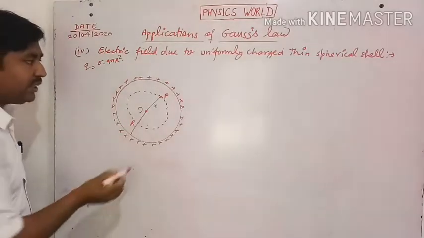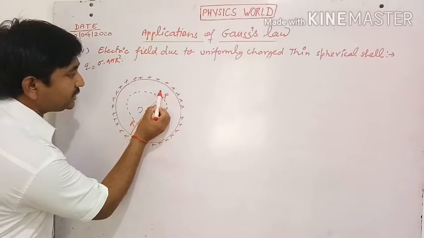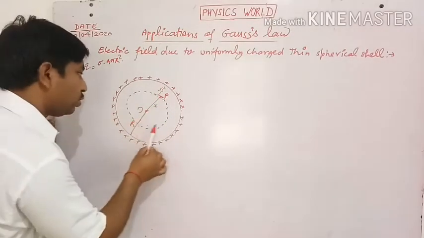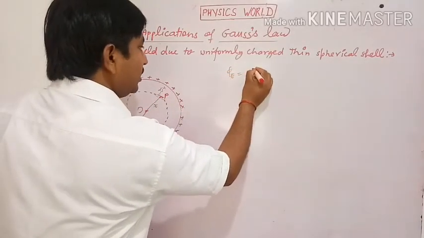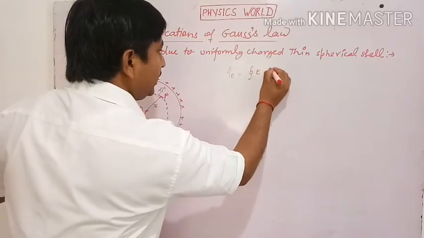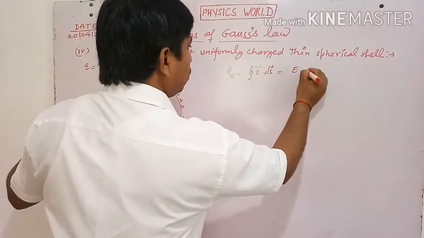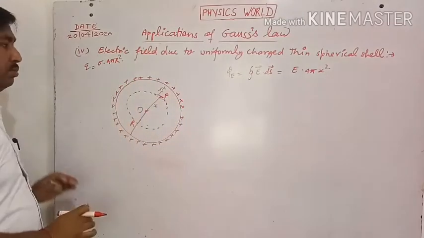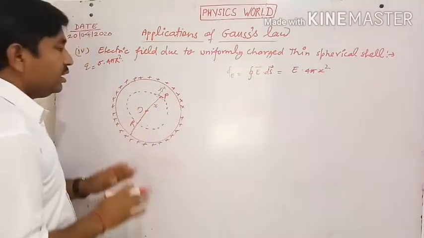So if we take a small area element ds at the point P, then the total electric flux passing through this surface can be considered as the integration of E dot ds, that is E times 4 pi x square. The total surface area is 4 pi x square, and E can be taken as constant.